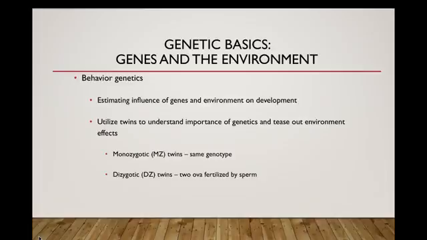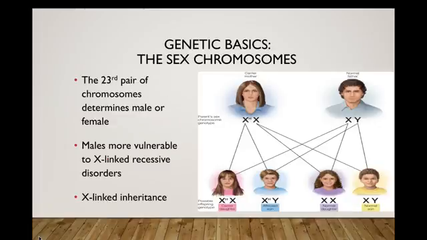One thing I do want to talk about here is that males are more vulnerable to X-linked recessive disorders because they don't have that second X. Sometimes females might be vulnerable to it, but the extra X chromosome picks up the slack, so to speak. It's like brain plasticity when neurons take up for other neurons that have been damaged or destroyed. So there's X-linked inheritance, which males are more vulnerable to, things like color blindness.